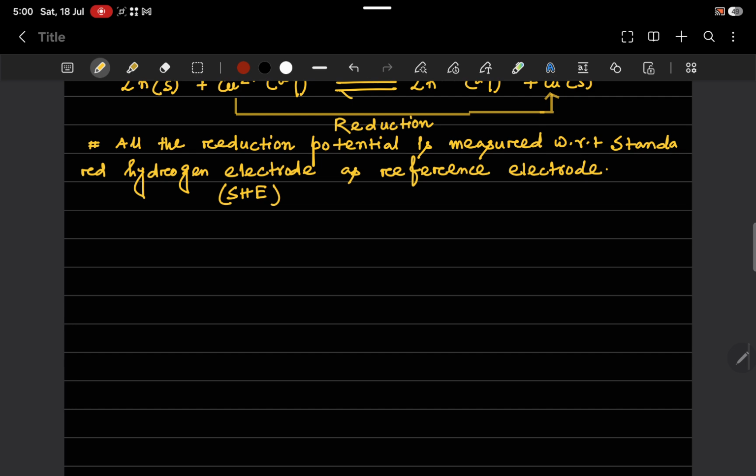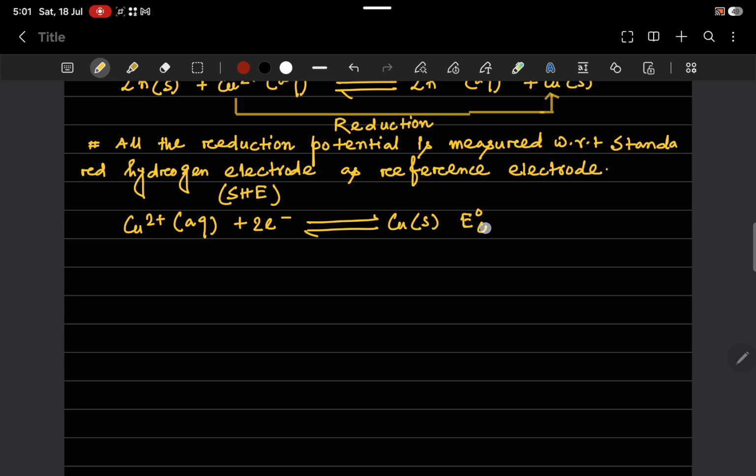So let's write the reduction potential of copper 2 plus, aqueous, plus two electrons, that will be converted to copper, solid.